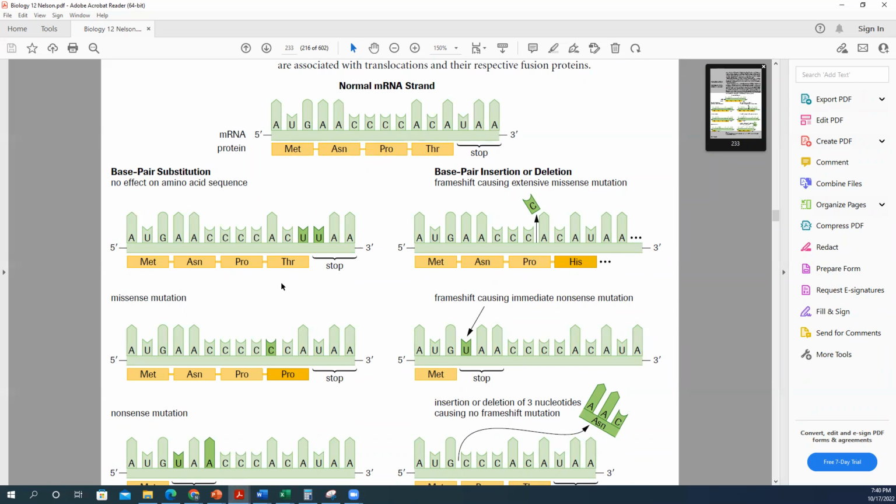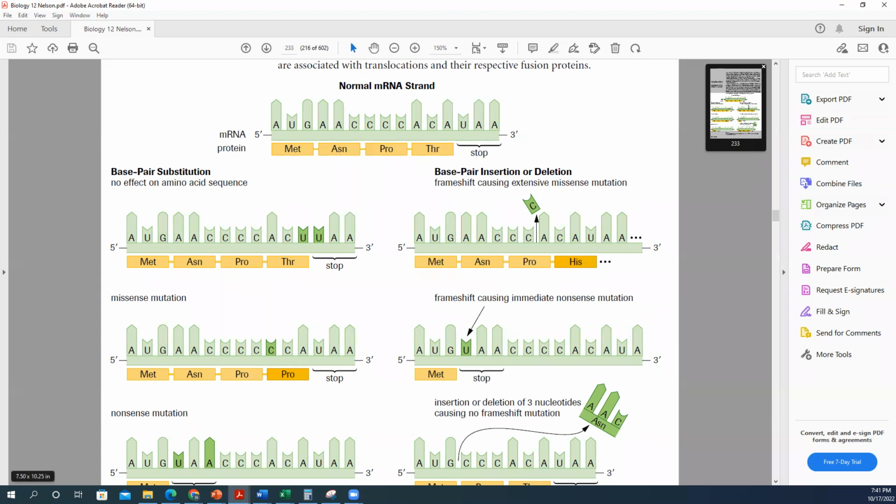So suppose there was a missense mutation, which might change this threonine, which is encoded by the codon ACA. Suppose there's a point mutation that changes it from ACA to CCA, and instead of coding for a threonine, it now codes for a proline.